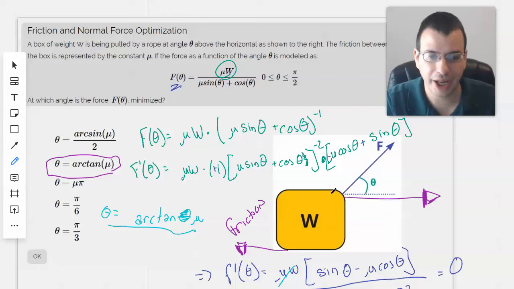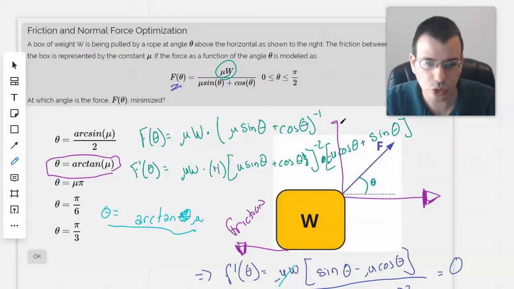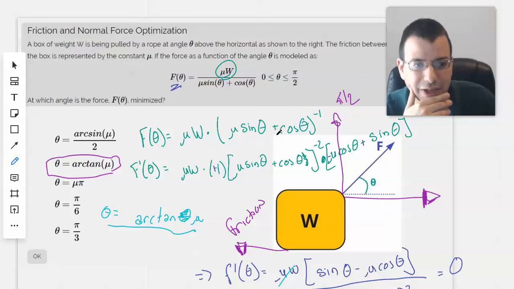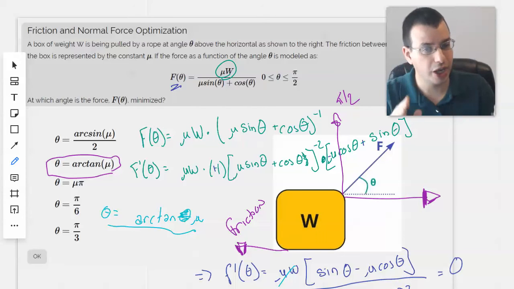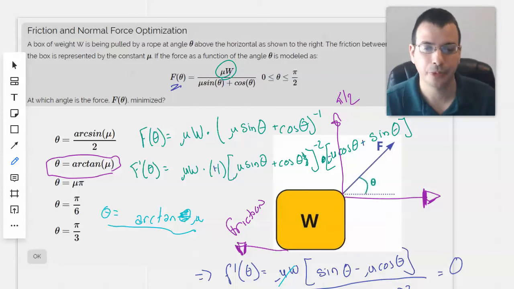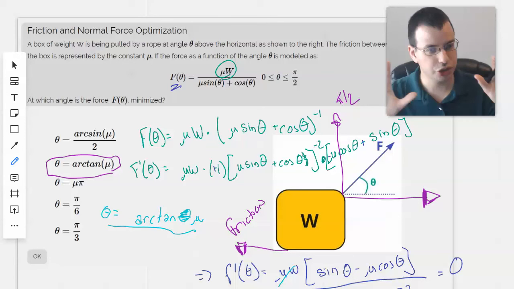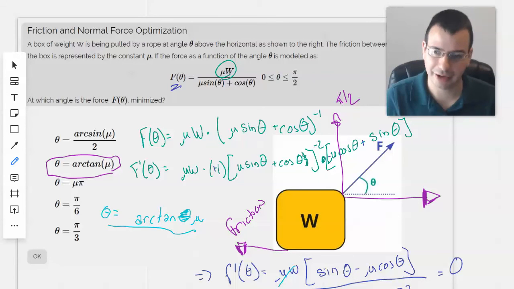But if we pull it at pi over 2, we're not going to have any force going with us. Does that seem reasonable? We're not going to have any force going to the right if we pull it straight up.